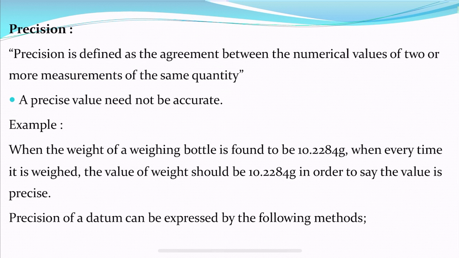It is not in our control to avoid or minimize indeterminate errors. That is why we use statistical calculations or mathematical and statistical tests before accepting and reporting the values which have indeterminate errors.